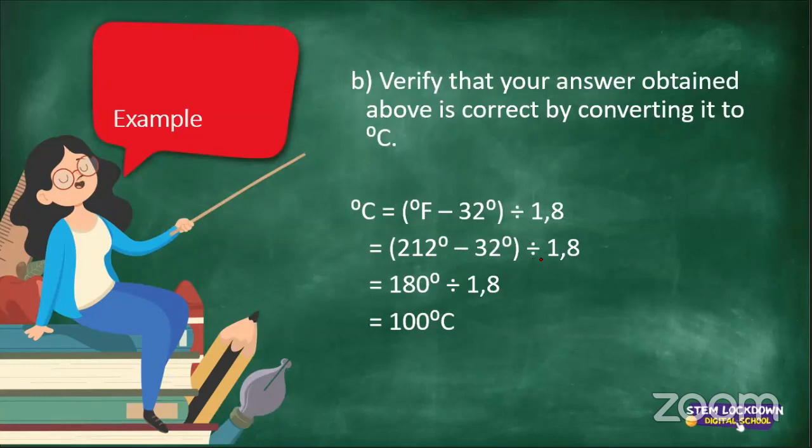Then subtract: 212 degrees minus 32 degrees. Your answer will be 180 degrees, divided by 1,8. Your answer will be 100. So our answer at A was correct, because moving backwards we get the original figure of 100 degrees Celsius.